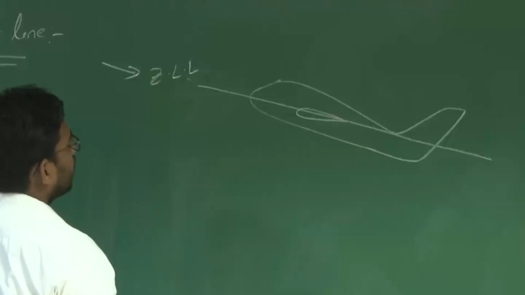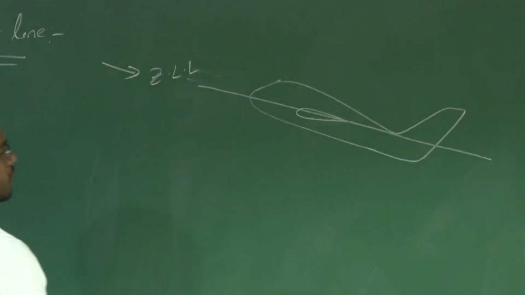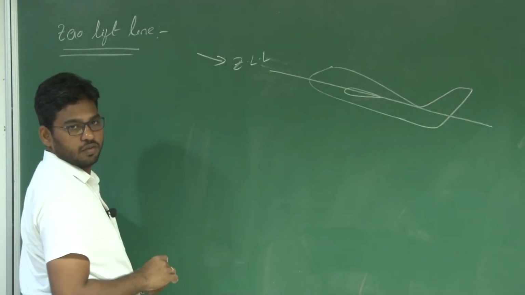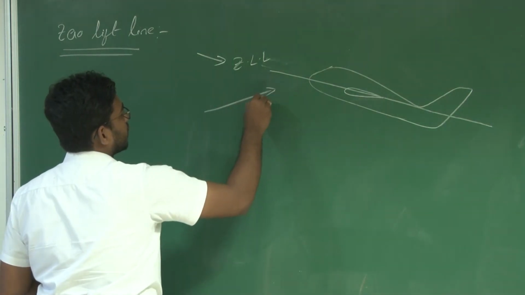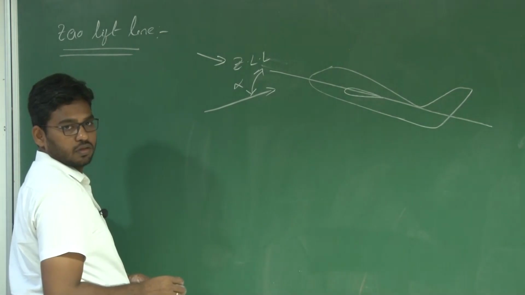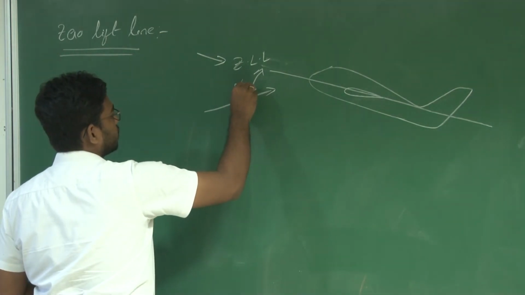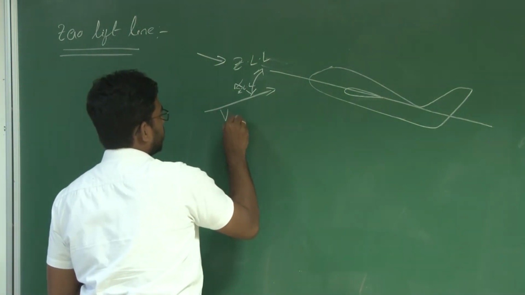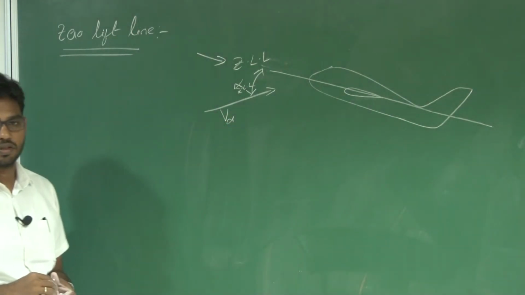Understood? Now let us define angle of attack with respect to this zero lift line. Say if the flow is in this direction, so this is my alpha of zero lift line, right? So this is my V infinity, alpha with respect to zero lift line.